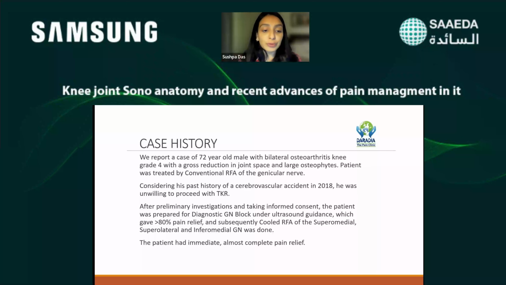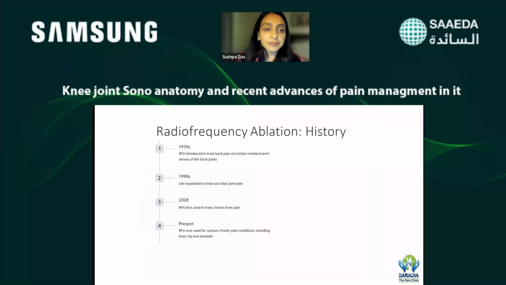Cooled RFA of the superomedial, superolateral, and inferomedial genicular nerve, and that led to almost immediate and almost complete pain relief. So radiofrequency ablation, it has been almost 50 years that this technique has come up, and it is becoming more popular with the new advances.